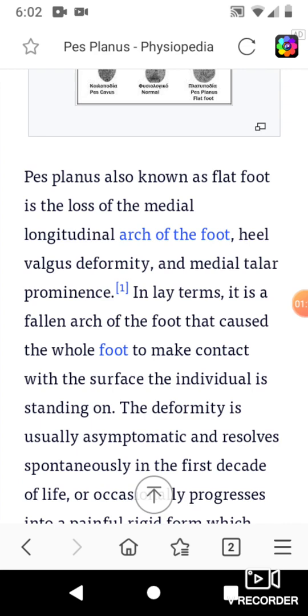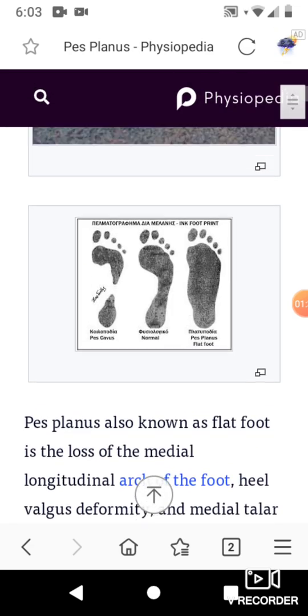Now let's see what the causes are. The valgus deformity at the subtalar joint, where the calcaneus goes into valgus position, and at the subtalar joint there is pronation.